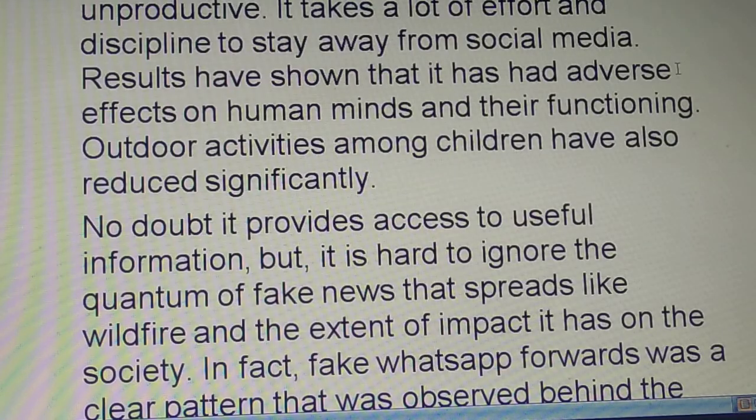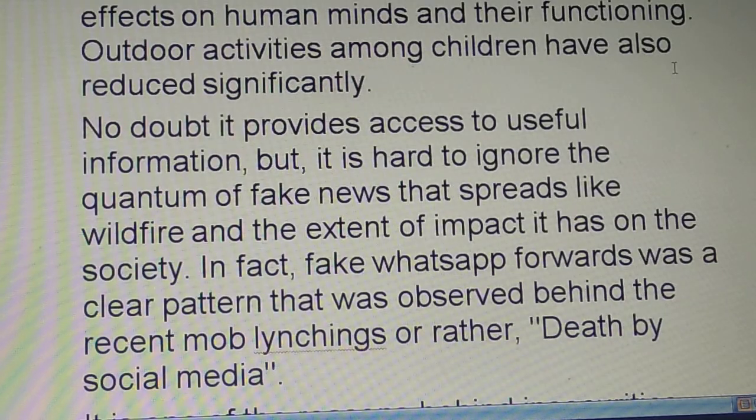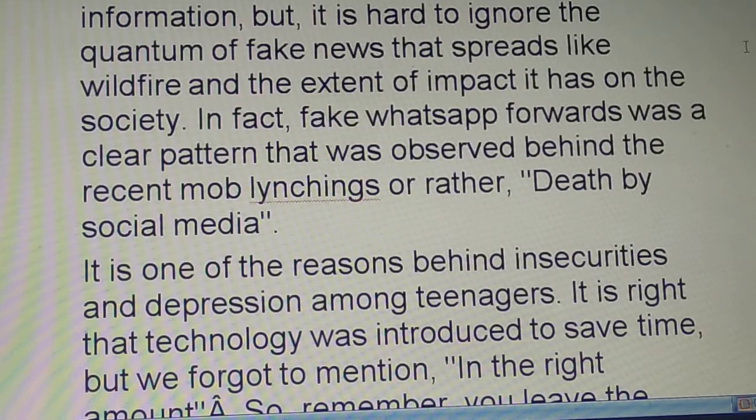No doubt it provides access to useful information, but it is hard to ignore the quantum of fake news that spreads like wildfire and the extent of impact it has on society. Of course, the impact will be a bad one. In fact, fake WhatsApp forwards were a clear pattern observed behind the recent mob lynchings, or rather, death by social media. So dangerous.